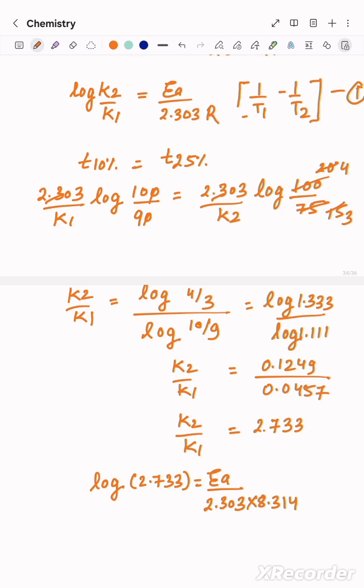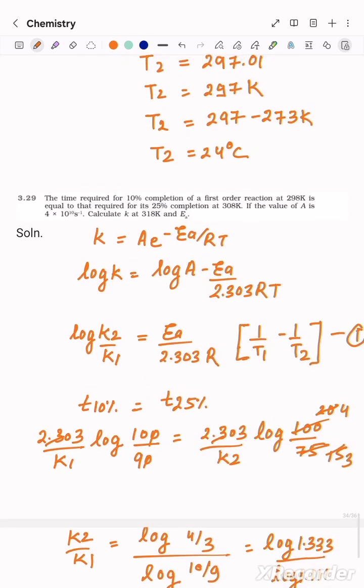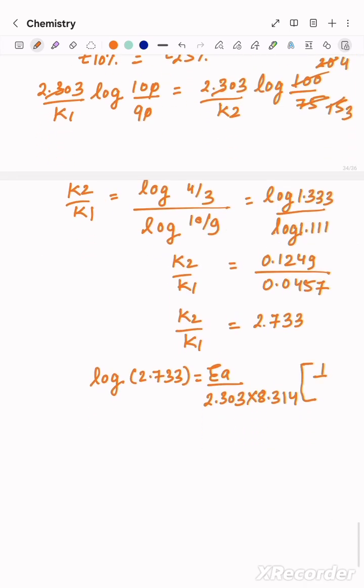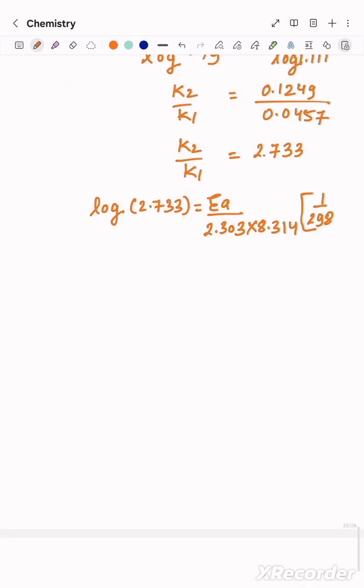So 1 upon T1, what is the temperature? T1 is 298 Kelvin and the second temperature is 308 Kelvin. So that will become 1 upon 298 minus 1 by 308.